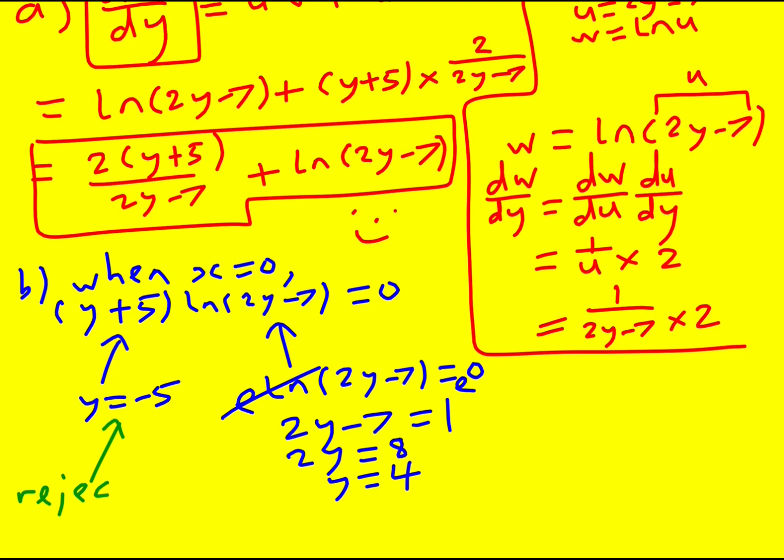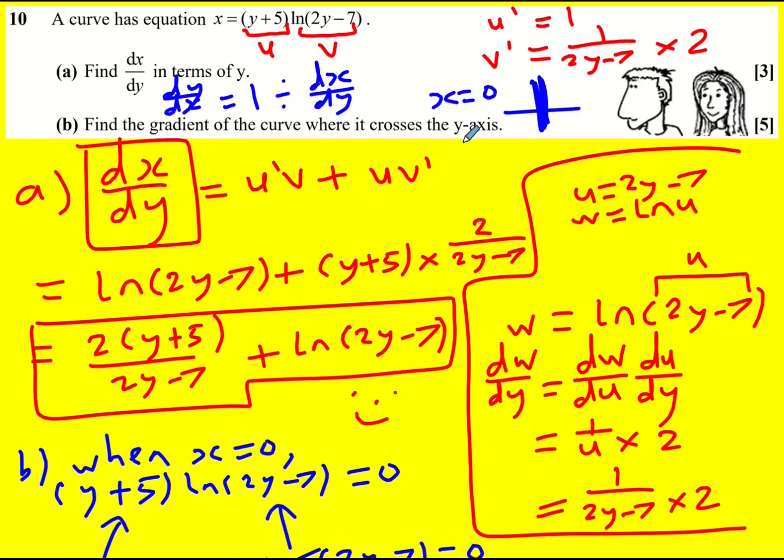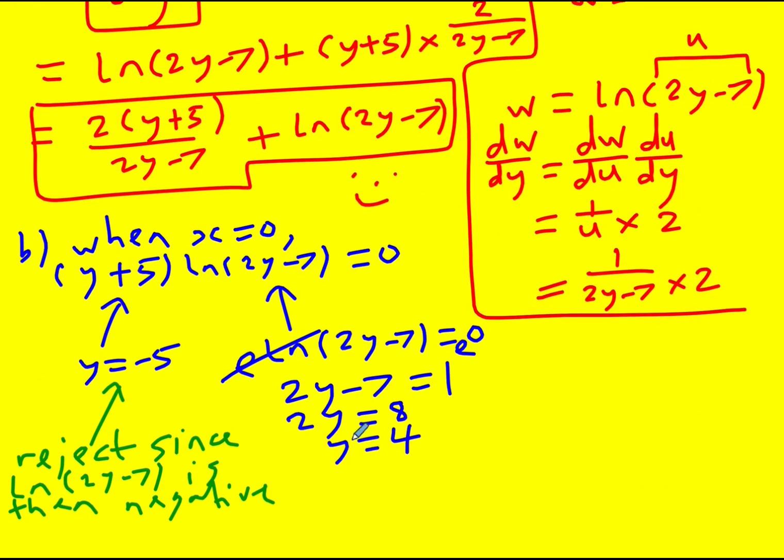Reject. And if you don't reject it, you will lose marks. So in fact, there's only one physical place where the graph goes through the y-axis, and that is when y is equal to 4.